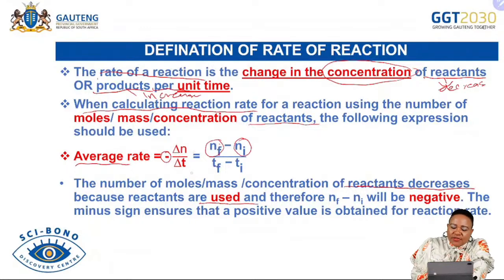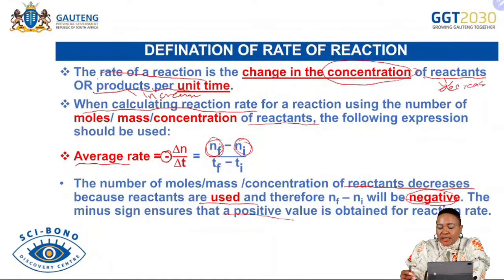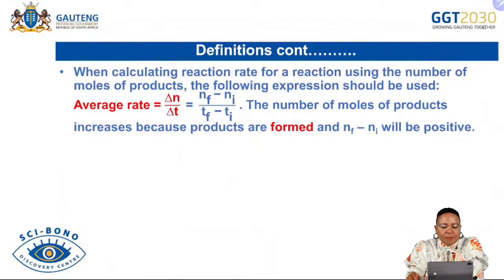Therefore, the negative sign will assist us to get a positive value as we calculate the rate of reaction. So the negative sign is only used when you calculate the average rate of reaction of the reactants, because we know that final subtract initial is going to give us a negative value. So we use the negative for that instance.